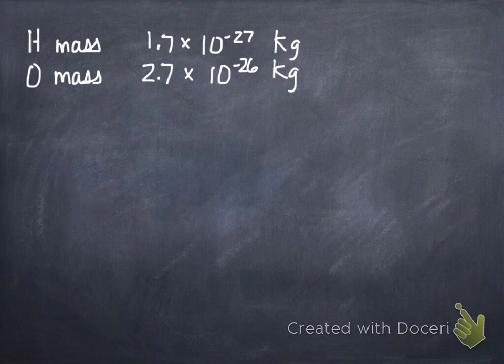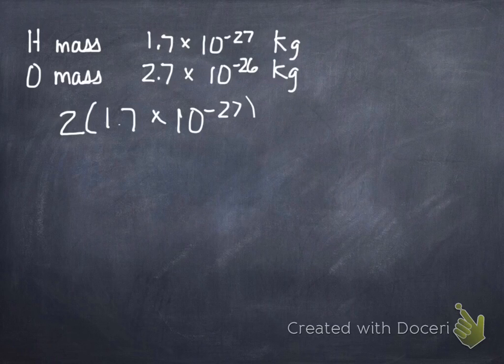But we've been asked to find the total mass of a water molecule. So we need 2 of these and 1 of these. So 2 times 1.7 times 10 to the negative 27 is equal to, so I'm going to multiply those together.